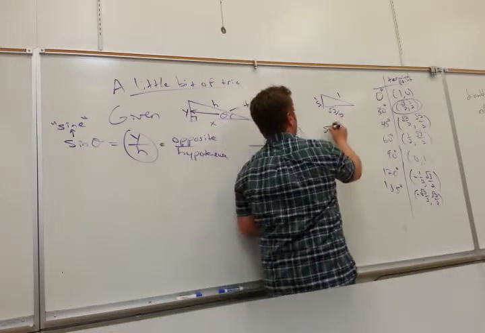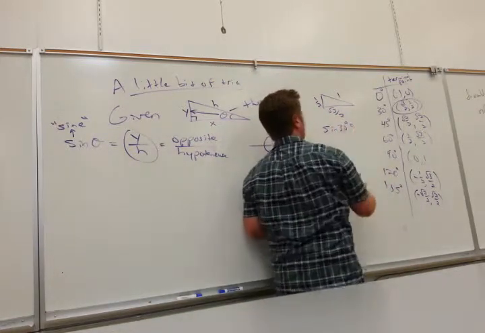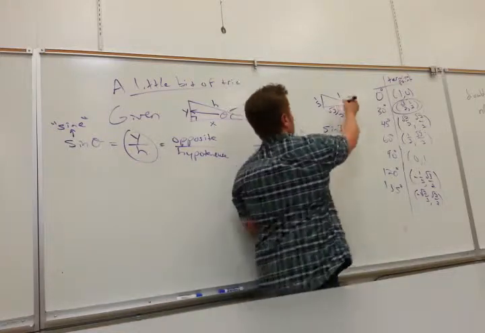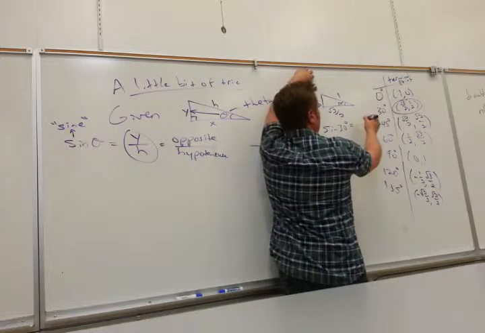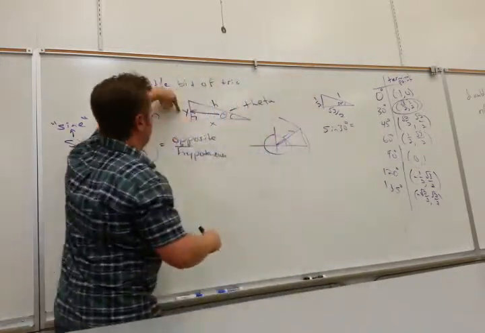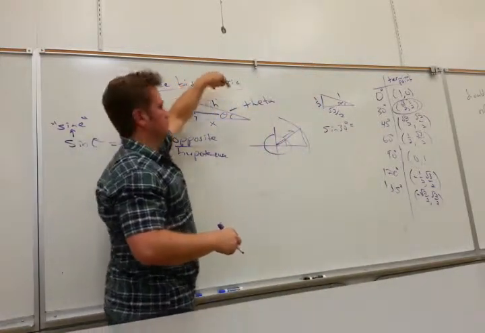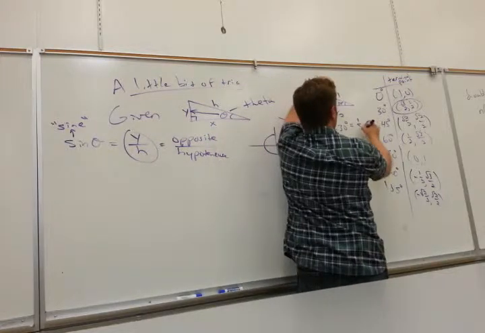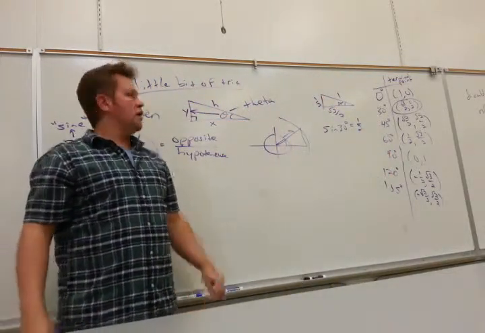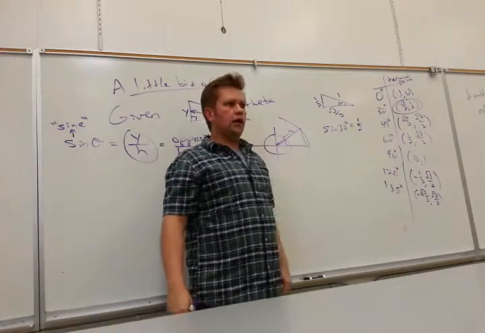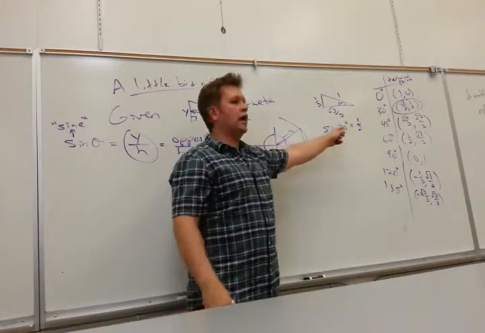What would the sine of 30 degrees be then? 1/2 over... careful. It's y to h. Oh. 1/2 over 1. So sine of 30 degrees is 1/2. If you had a bigger triangle, I don't care. It will reduce to 1/2.